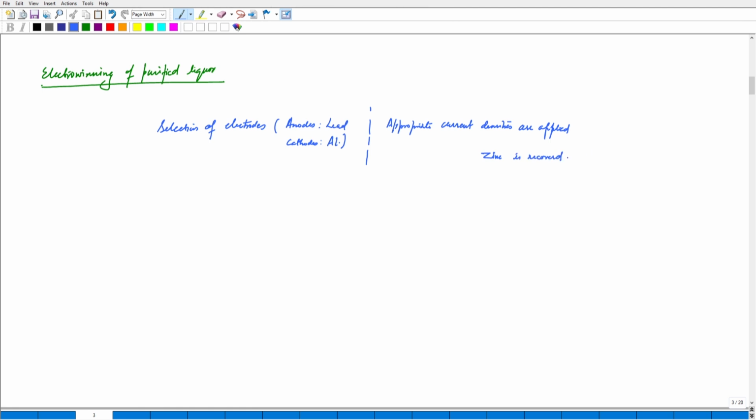You get zinc as the finished product. Zinc is recovered at the end of the electrowinning process. So, what have we done? We have purified leach liquor and we did the electrowinning.